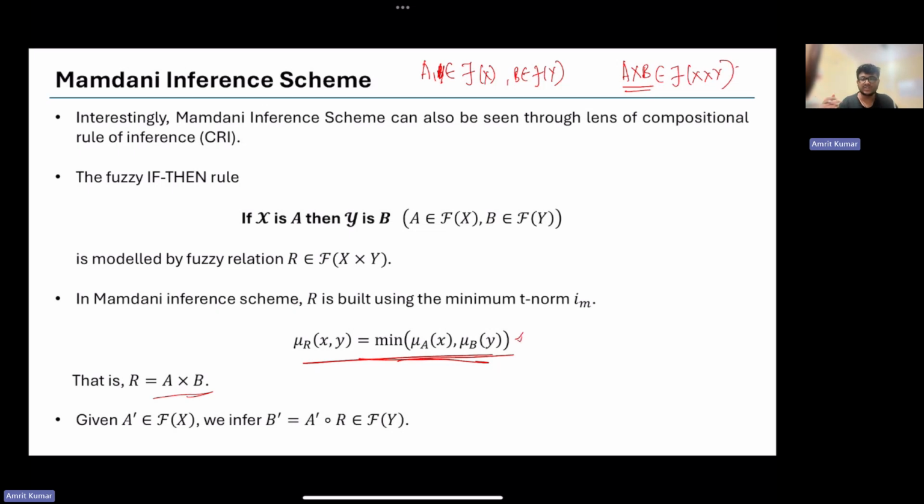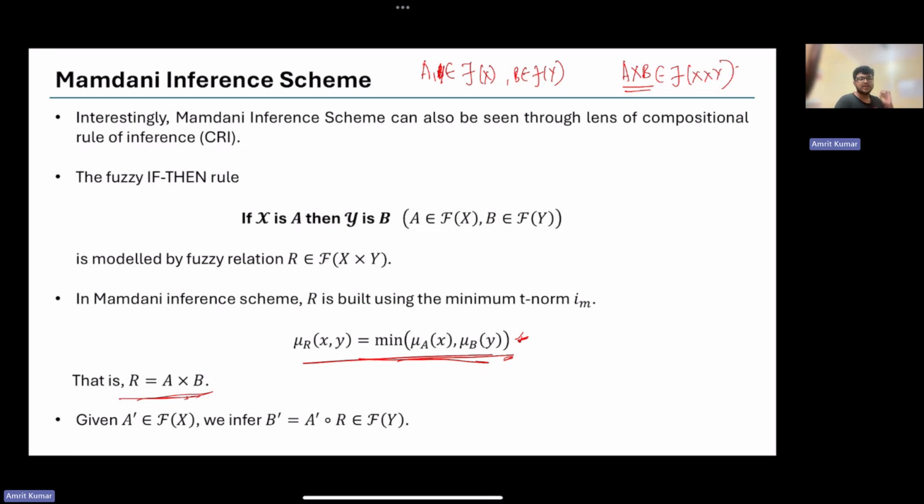In that session, I explained in detail why this is the case. So if you're suspicious about this formula, I would encourage you to go back to that session and understand why the Cartesian product of fuzzy sets is defined the way it is.